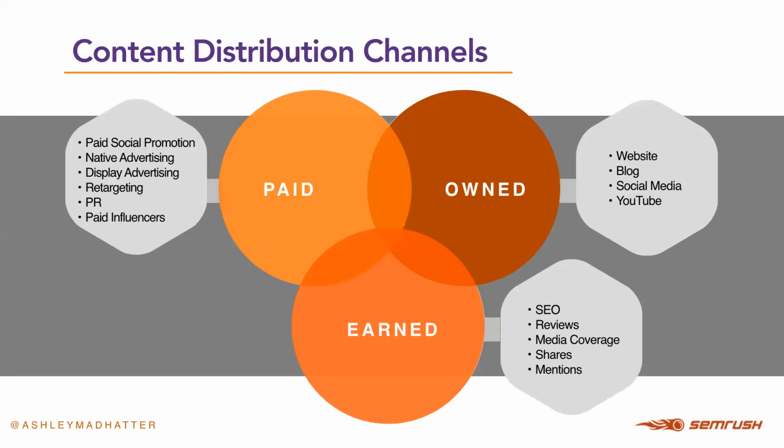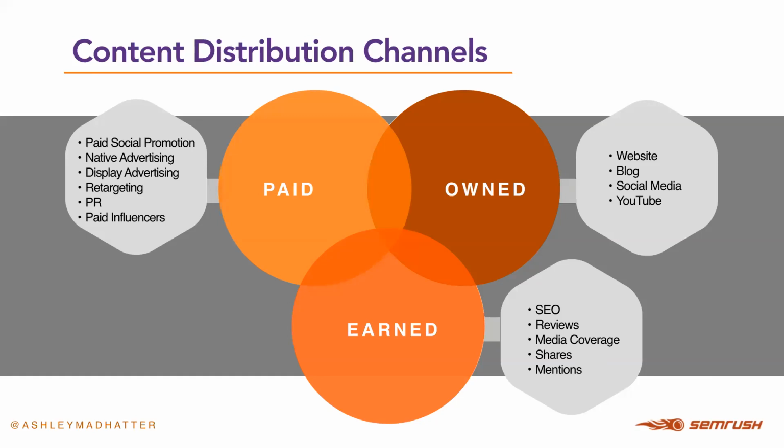Here are the 3 main distribution channels. You have paid, earned, and owned. Paid is going to be anything that you have to put a dollar or monetary value forward on. This is any paid social advertising, display ads, PPC, or paying influencers to help promote your content. Earned is basically social high fives.